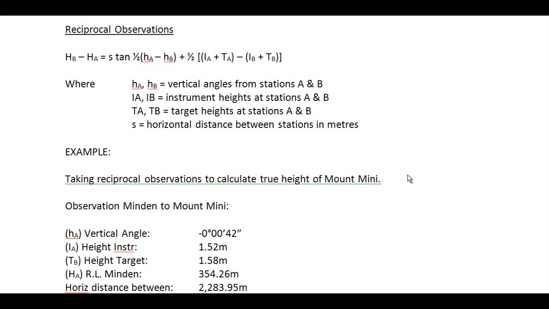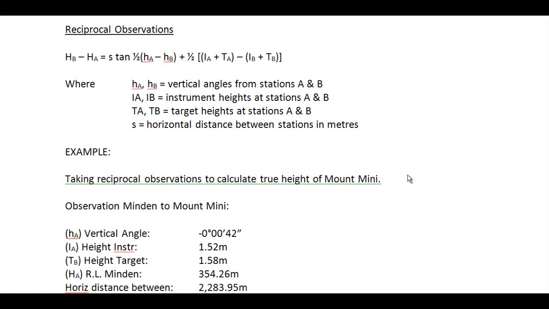The formula that we use, which you'll find within your notes for the difference in height, is S tan a half of each of the angles that we measure, plus 1/2 of the instrument height at A plus the target height at A, minus the instrument height at B plus the target height at B. This is all set out just below here, and S is the horizontal distance between the stations.